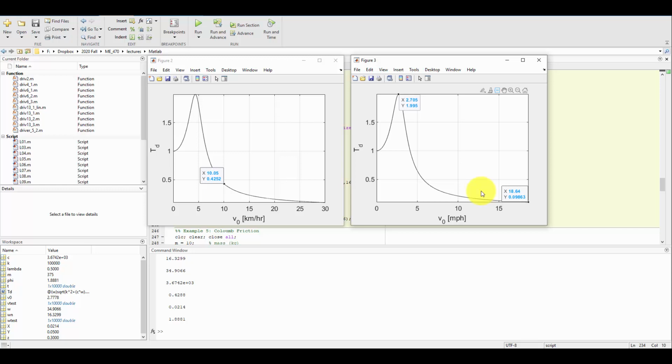Now, as a caution, due to assumptions that we made, we are only looking at the steady state behavior of the cabin. We are not looking at the transient behavior. So when we're going in that transition between the flat road and the washboard road, we might at different speeds experience very different displacements during the transient phase than during the steady state phase.